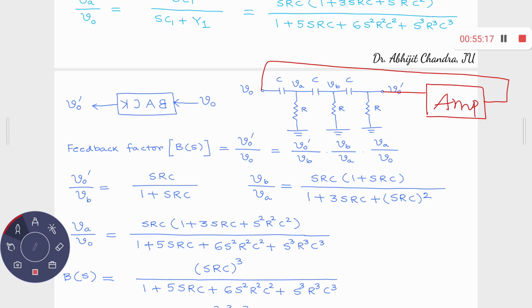V0, right? So from here to here 60 degrees, here to here 60 degrees, 60 degrees. So from here to here 180. The amplifier itself provides a phase difference of 180, right? So whenever the signal starts from this point, 60 degrees, 120 degrees, 180 degrees, and another 180 degrees, it comes back to 0 degrees, right?